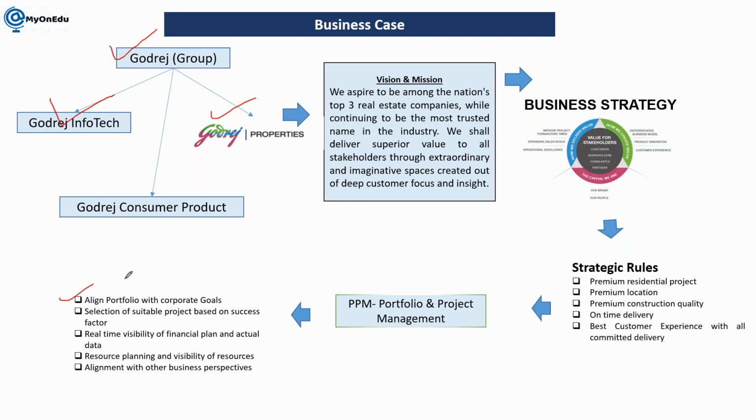Then whenever any proposal comes, we select a suitable project based on the success factor. So we are analyzing in all the dimensions, then calculating some success factor through the system, and then finalizing, yes, this is the best project for us. Real-time visibility of financial plan and actual data, which you can manage, and resource planning and visibility of resources, alignment with other business perspectives. So PPM is helping in all the scenarios of selecting, initiating, and monitoring your project.